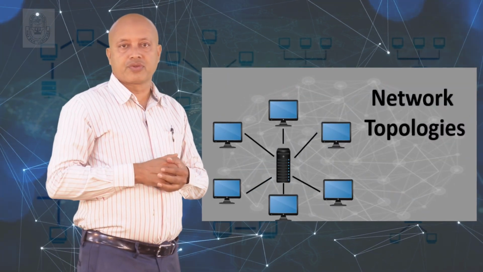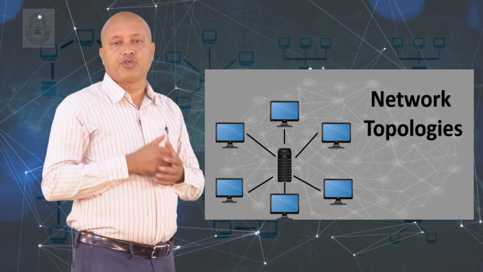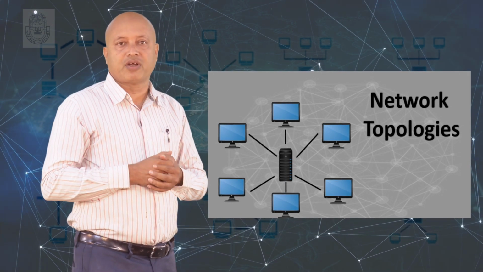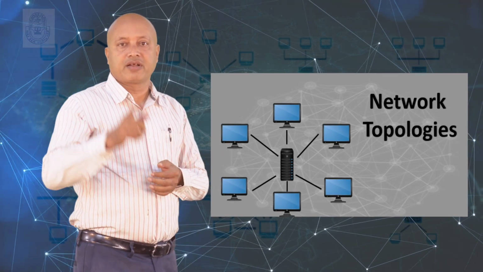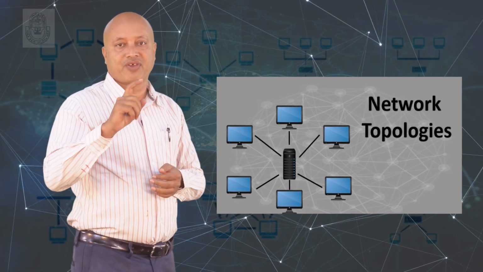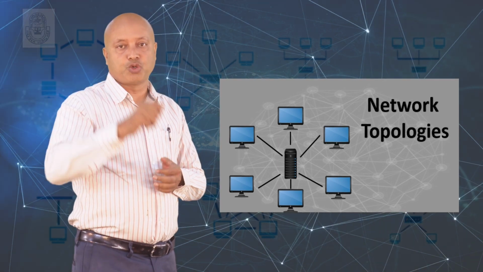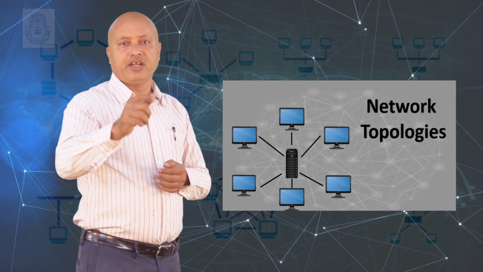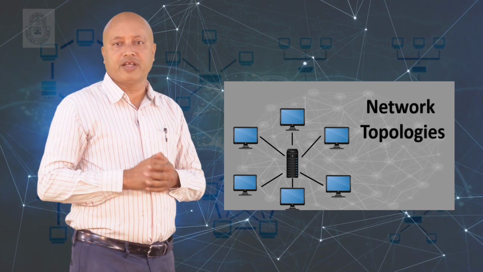Network topologies. The physical or geometric pattern formed by the arrangement of the interconnected computers within a network is referred to as its topology. It is strictly concerned with how computers connect together.